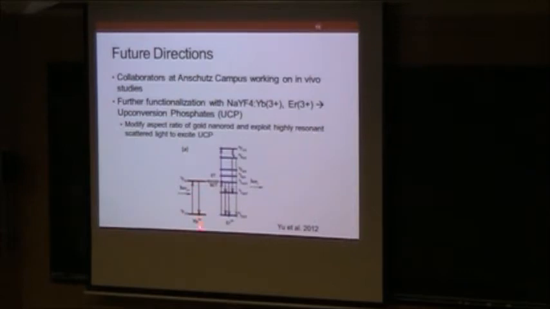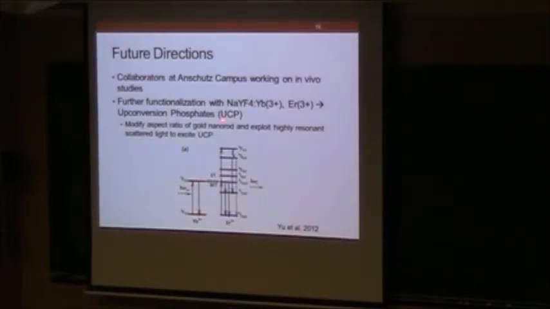And what happens is if the ytterbiums accept 980 nanometer light, they get transferred to erbium. And then this rapidly comes down to this state and then emits green light. And so we can change the aspect ratio of the gold nanorod so that it is resonant at 980 nanometers.